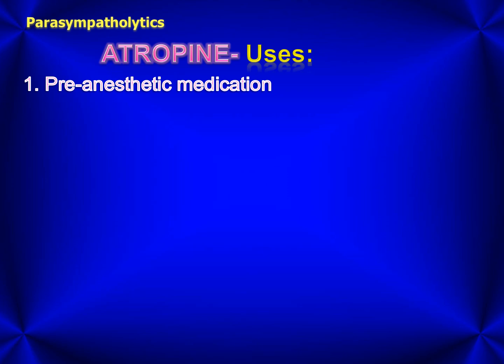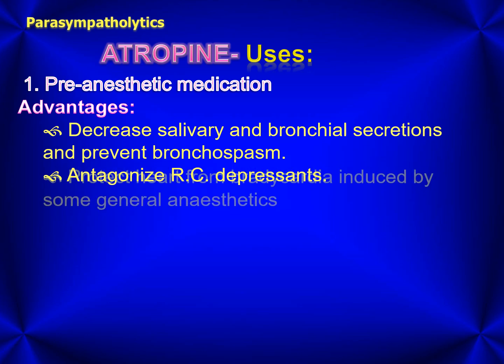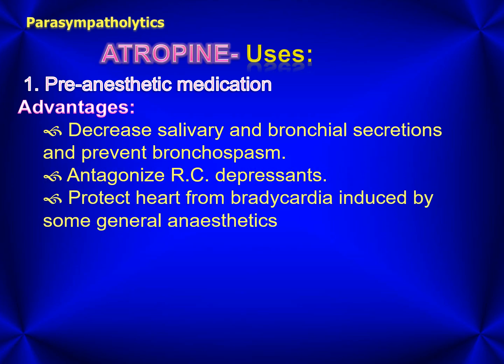Therapeutic use of atropine: pre-anesthetic medication. Before giving general inhalation anesthesia, atropine is given to decrease salivary and bronchial secretions and prevent bronchospasm, to antagonize respiratory center depressants, to protect the heart from bradycardia induced by some general anesthetics, and to prevent vomiting.